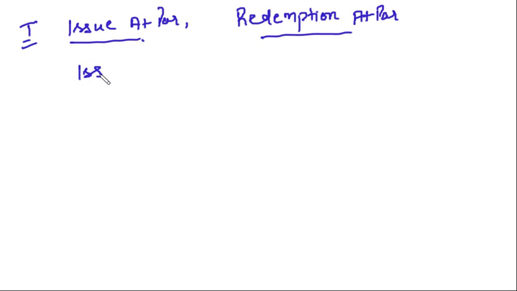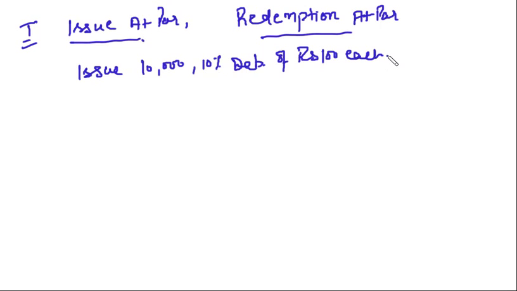You issue 10,000 10% debentures of rupees 100 each. You have issued 10,000 10% debentures of 100 each that are redeemable at par. These are issued at par, these are redeemable at par.